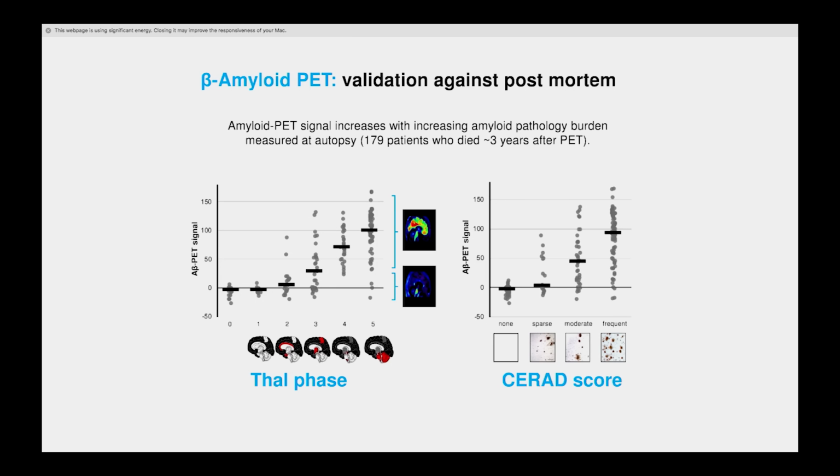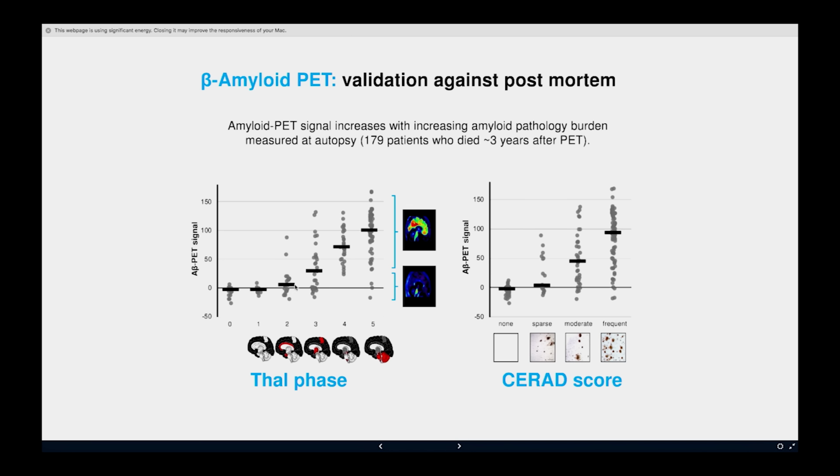And this is just to show you the correlation of the amyloid PET scan with actual autopsy results. So this has been done on 179 patients who died 3 years after they got a PET scan, and then we did autopsy on their brains. And notice how the PET scan starts detecting a signal as early as, remember earlier I showed you these different phases.